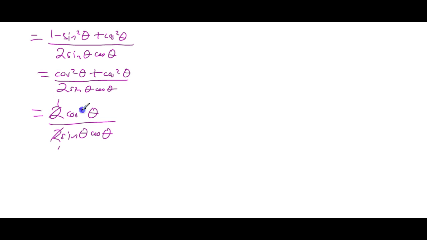The 2's cancel, this cos becomes 1, which is cos theta over sine theta, which is cotangent of theta, which is the left side.